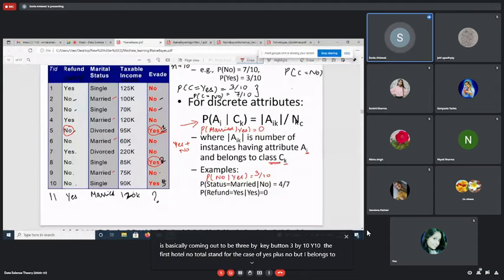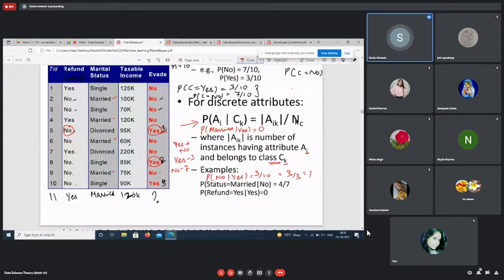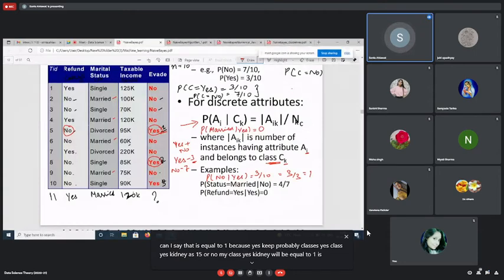Belongs to class. So how many yes are there? 3. And how many no? 7. So can I say that 3 by 3 is equal to 1, because the class yes count is only 3, and refund no with class yes is also only 3, so 3 by 3 will be equal to 1. Is it clear to everyone?